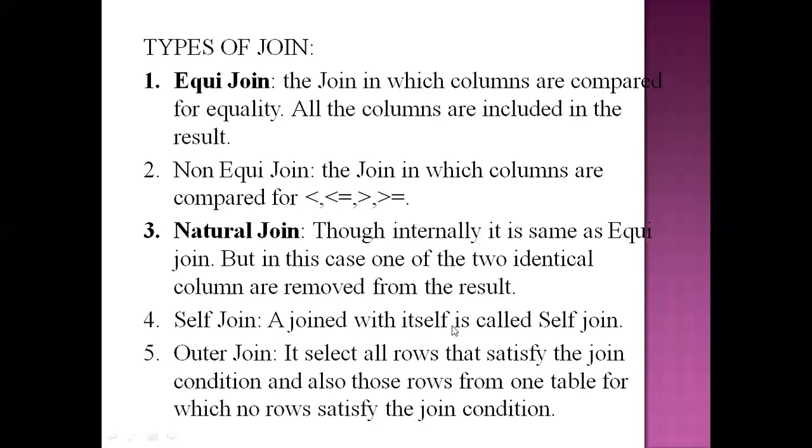A join with itself is called a self join. Outer join selects all the rows that satisfy the join condition and also those rows from one table for which no rows satisfy with the other table. So these are the types of join and we'll do them in a practical.